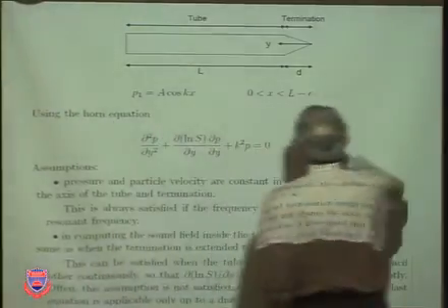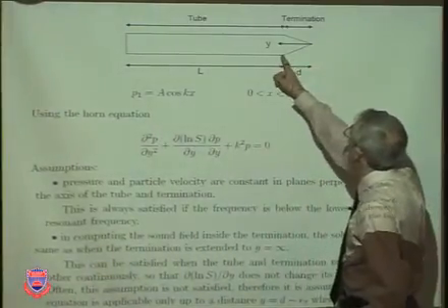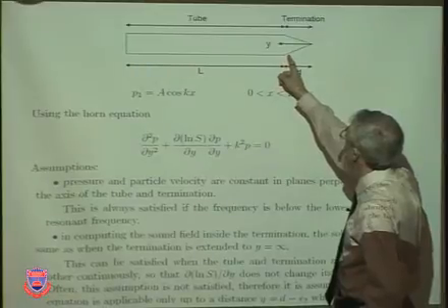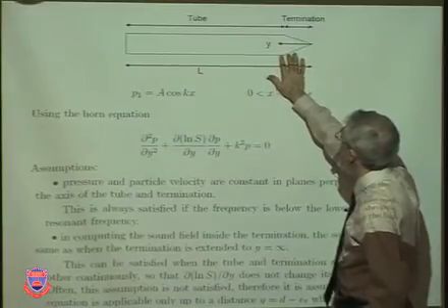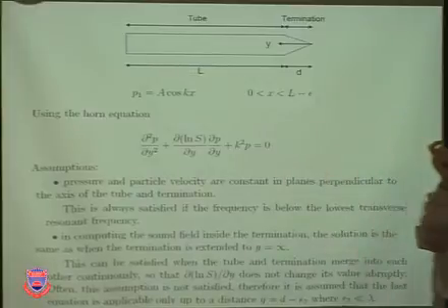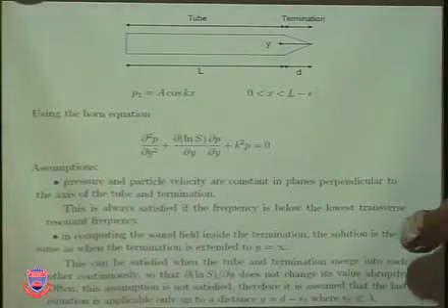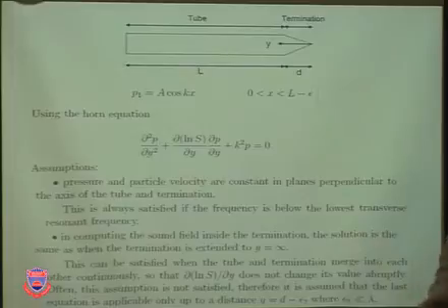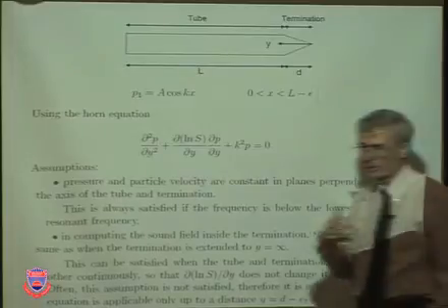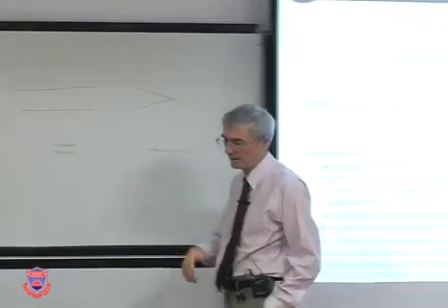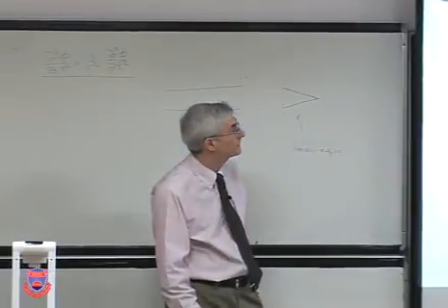Epsilon 1 is to the left, epsilon 2 is to the right. The width of that region is much smaller than a wavelength, so it's negligible. The perturbations there are negligible.